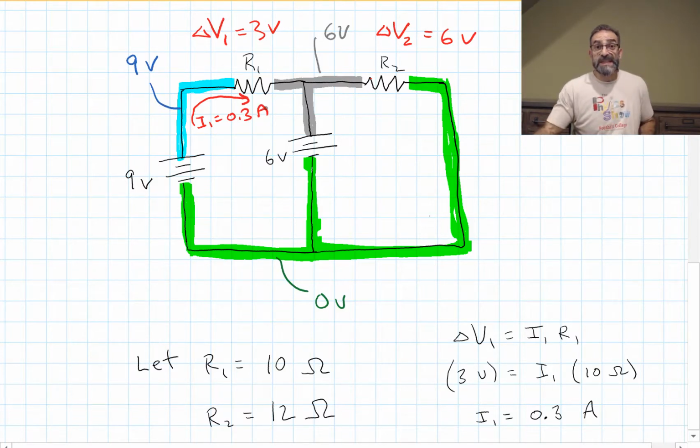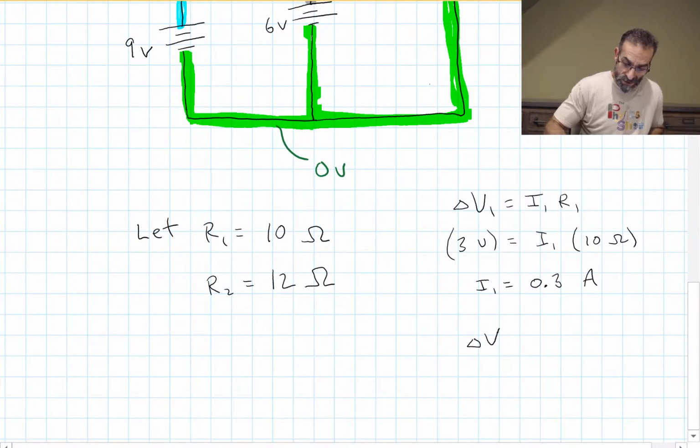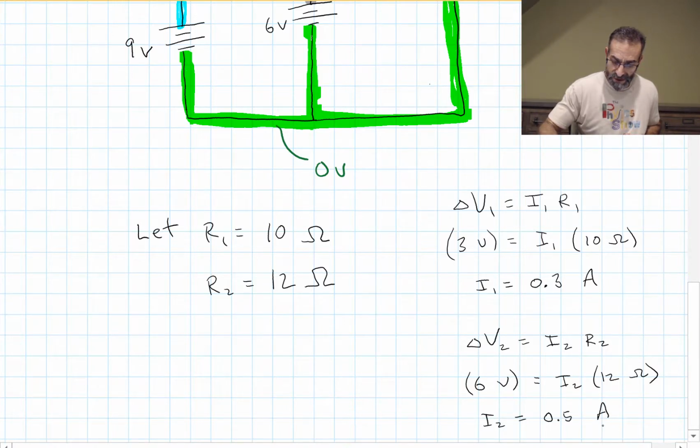We can do the same thing for resistor 2. The potential difference across resistor 2 is the current through resistor 2 multiplied by its resistance. We know there's a 6 volt potential difference across that resistor, and we know its resistance is 12 ohms. So the current through resistor 2 must be 0.5 amps.